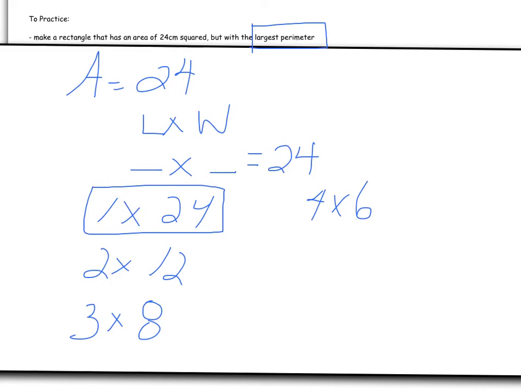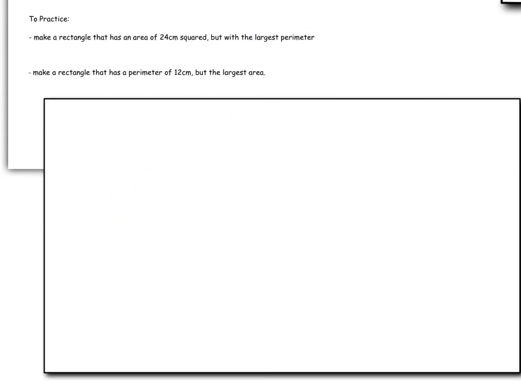I only needed to use the generalization that I already have, that a long skinny rectangle gives me a large perimeter and a smaller area. Here they all have the same area, so I'm just looking for the largest perimeter. The largest perimeter is going to be the long skinny rectangle, so 1 by 24.